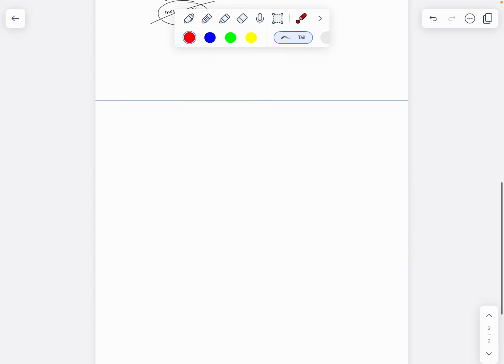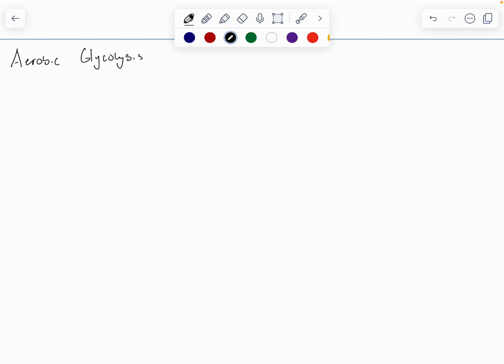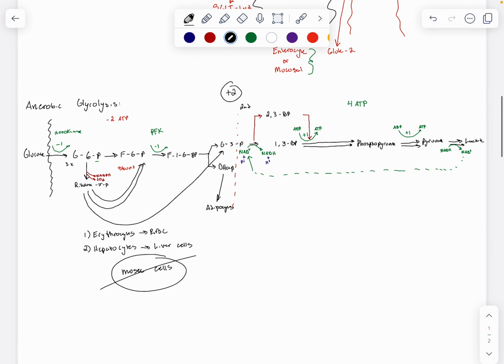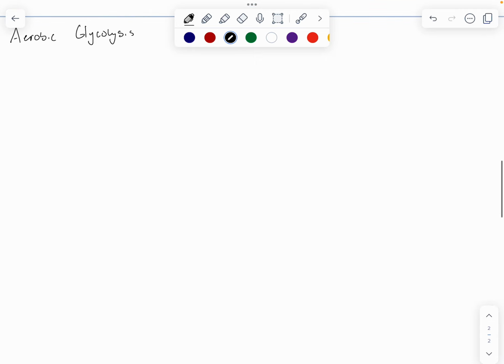So let's get into the fun stuff when we talk about aerobic glycolysis. And again, since we covered a lot of the minor details up here, I'm just going to simplify our little roadmap here.